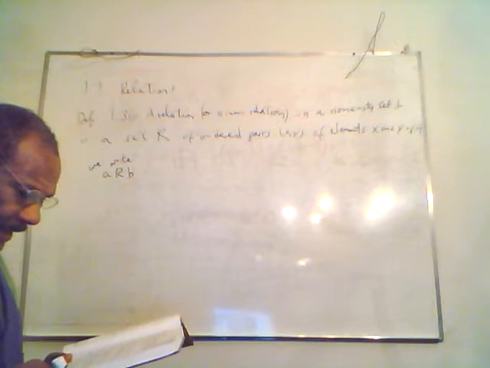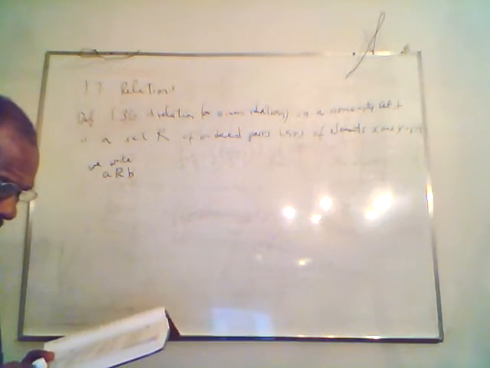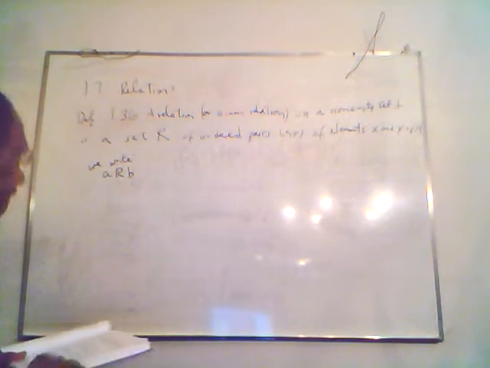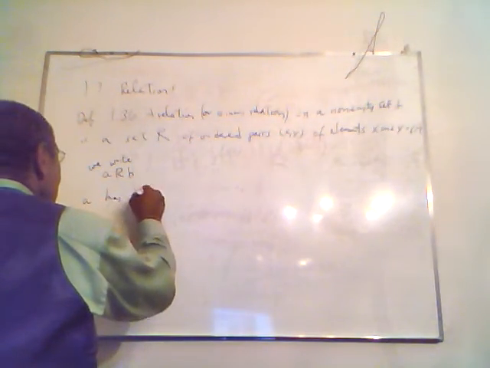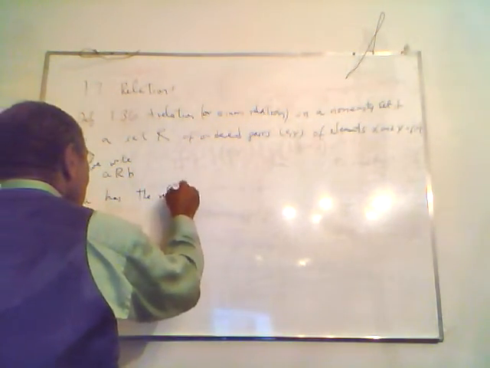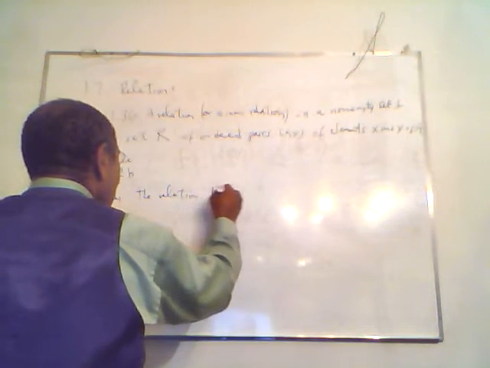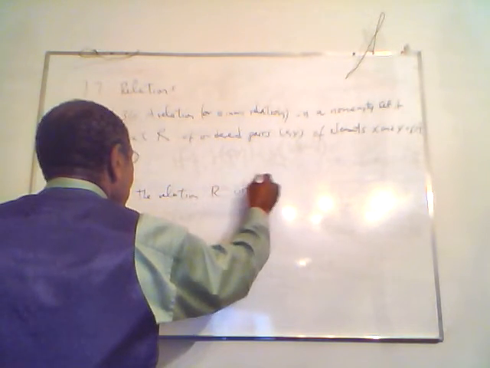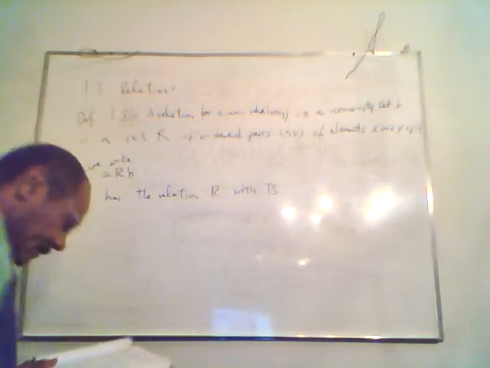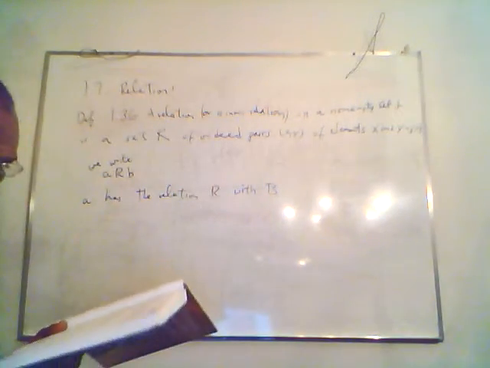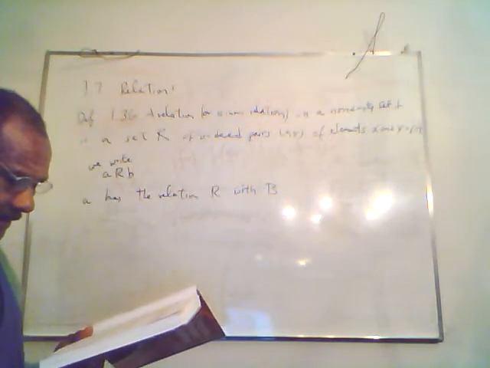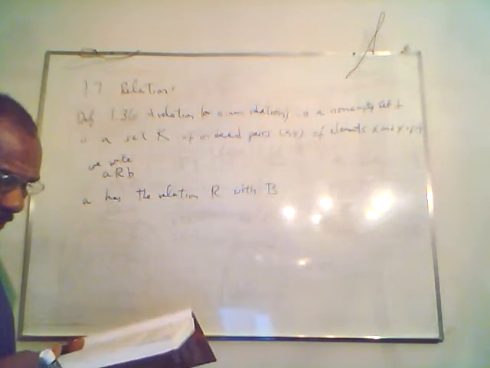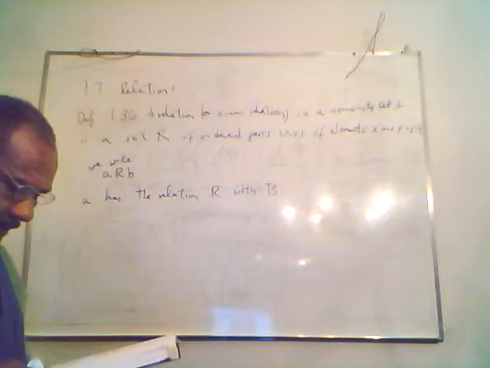And we say that a has the relation R to b. a has a relation R with b. That's what we're saying. So some relation that a has with b, and that relation can really be anything.